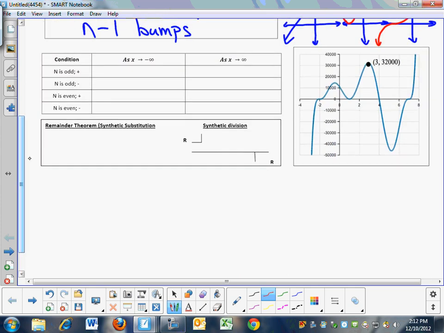So you tell me this polynomial right here. Single, double, triple root. Single, double, triple root.